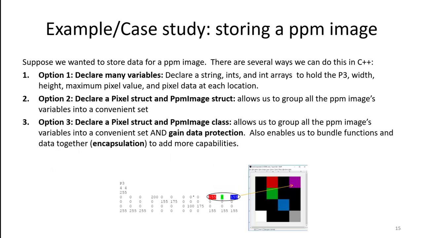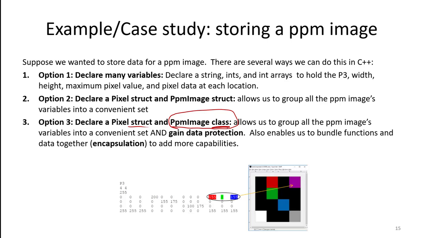Let's now look at a third option. A third approach for storing a ppm image's data is to declare a pixel struct and a ppm image class. We just mentioned how classes can improve upon a struct. Let's briefly introduce what the advantages and improvements would be.